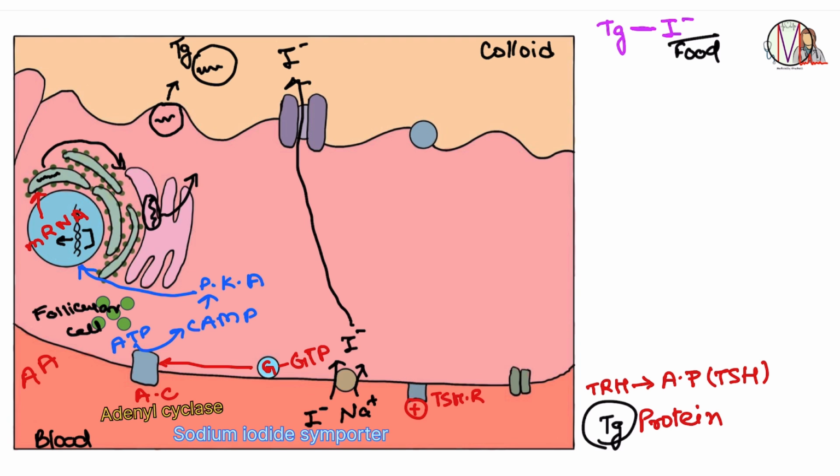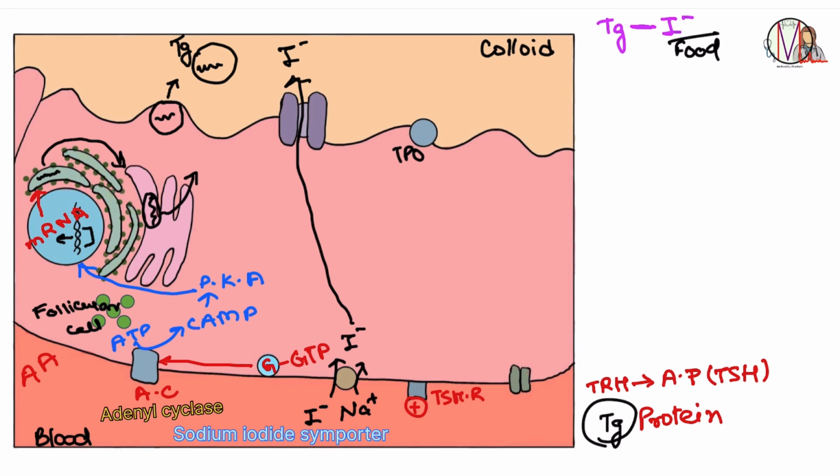As iodine enters the colloid, will thyroglobulin get attached to it on its own? No. They need someone, and that is TPO here, thyroid peroxidase. As it is a peroxidase, it needs H2O2 that comes from a reaction here. Finally, thyroid peroxidase helps thyroglobulin to attach iodine on its tyrosine residue. But again, a question should come to your mind.